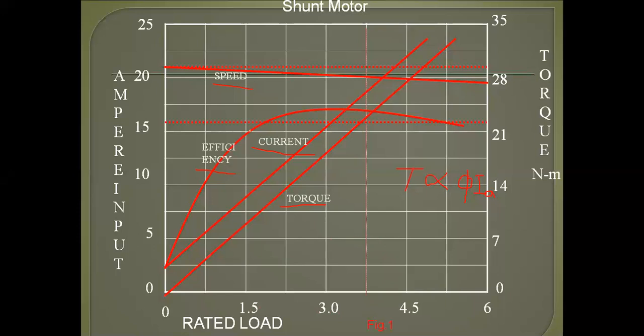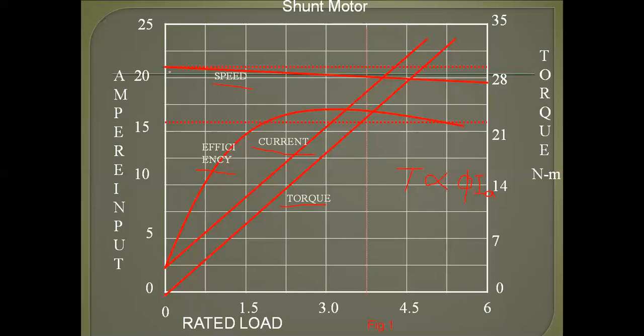From the speed useful output power curve, it is seen that the shunt motor has a definite speed at no load. Hence, it does not run away when the load is suddenly thrown off, provided that the field circuit remains closed.